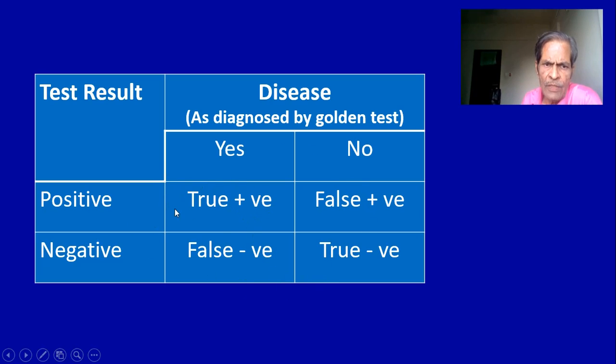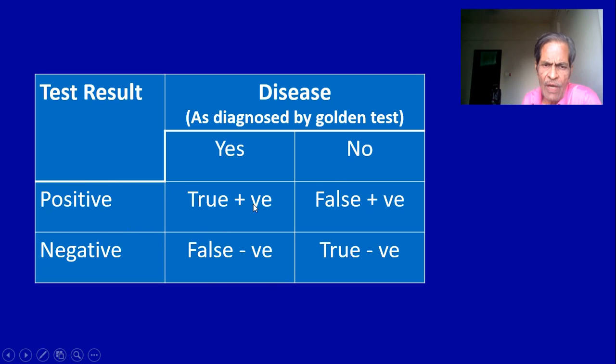The true positives are the individuals who are declared as having that disease by the gold standard and are declared positive, that is having the disease, by the new diagnostic test. The false positives are the individuals who are declared as not having the disease by the gold standard but are declared positive by the new diagnostic test.